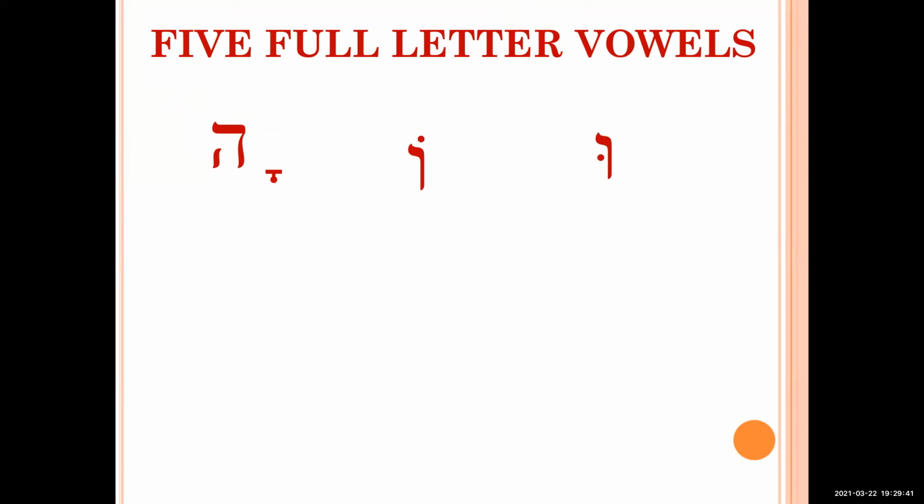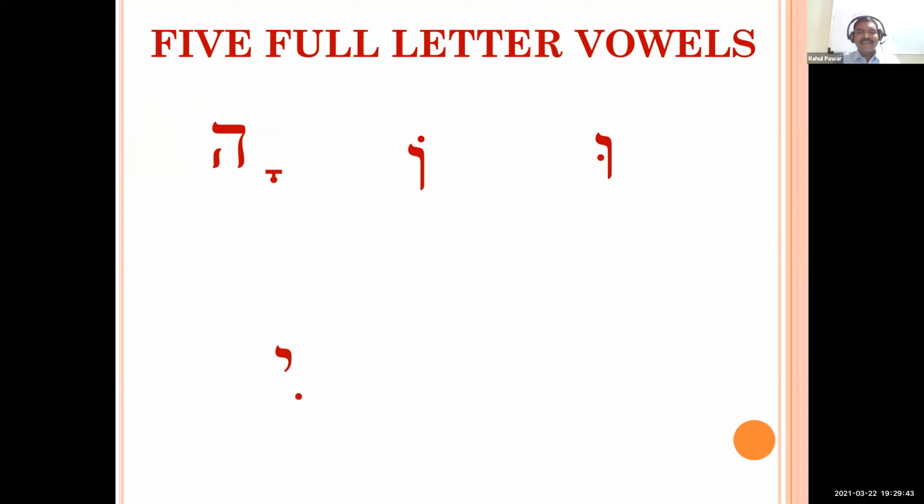Now there are 5 full letter vowels, and these take a consonant in their formation. First is Komets Hey. Second is Holam Vav. Third is Shurek.